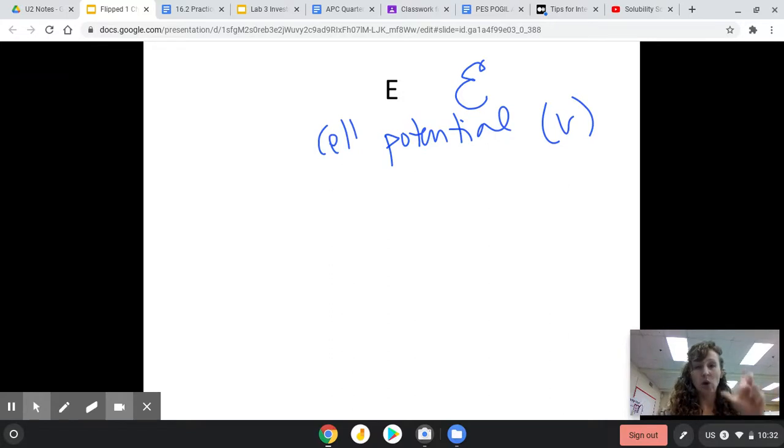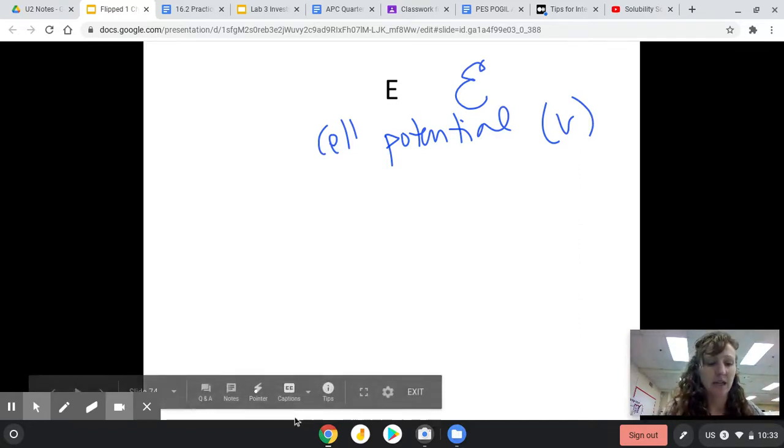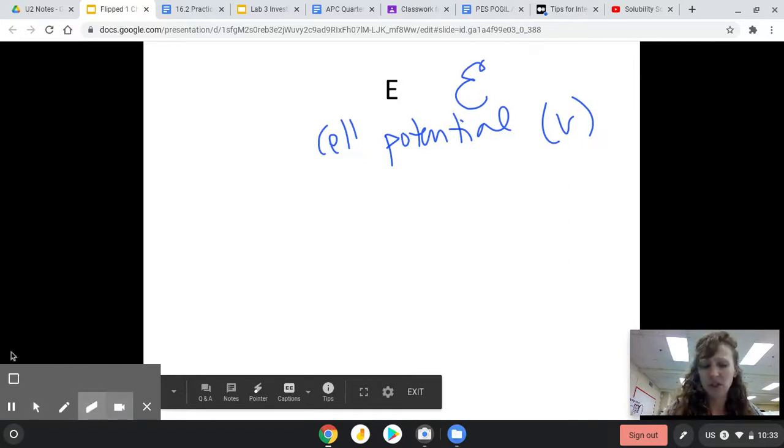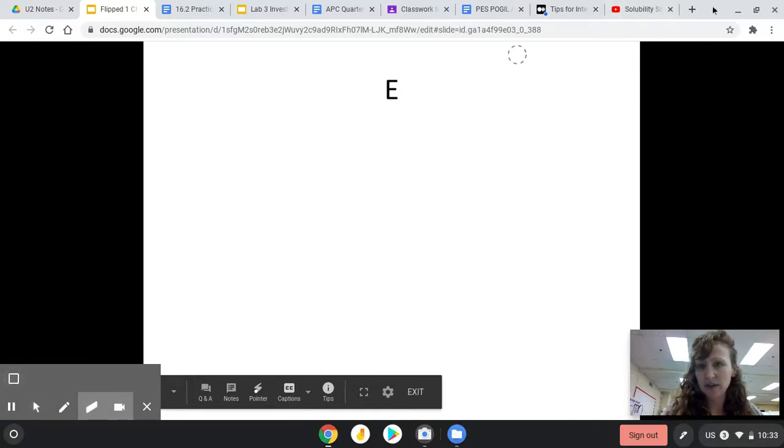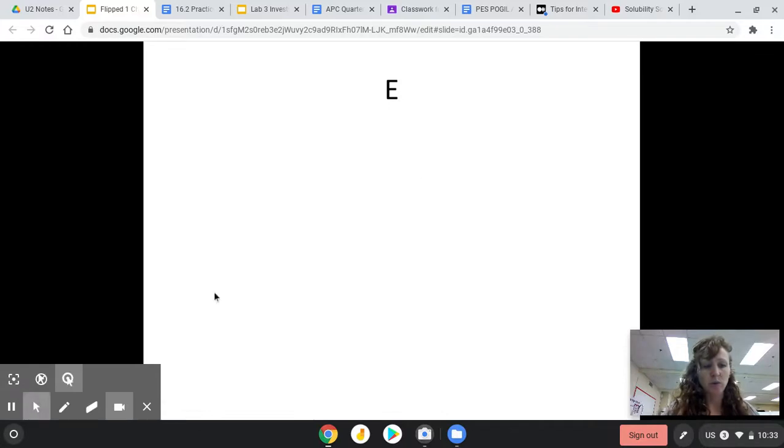They write them as only the oxidation happening or only the reduction happening, and then they can say, for this half of the reaction, here is the cell potential. For this half of the reaction, here is the cell potential. So when we put them together, what is our total cell potential? So I want to show you one of these charts. It's called a reduction potential chart, something to that effect. Let me show you one of these.